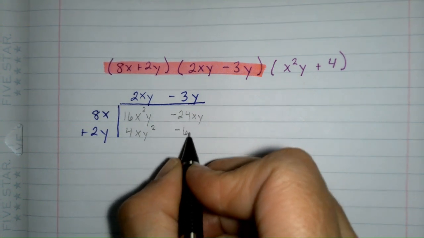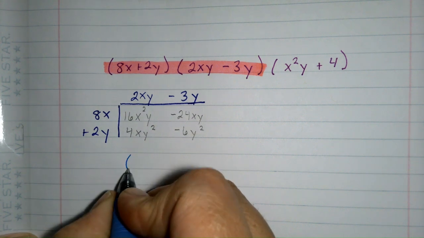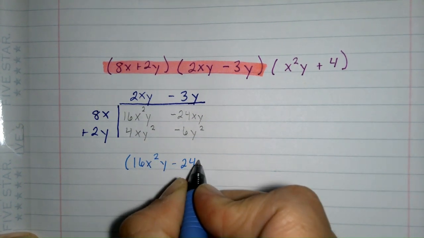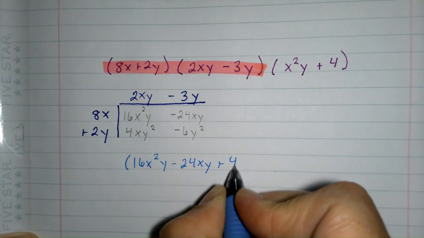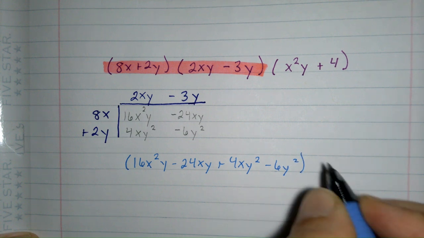And a negative 6y squared. There are not any like terms. So we're left with 16x squared y minus 24xy plus 4xy squared minus 6y squared.